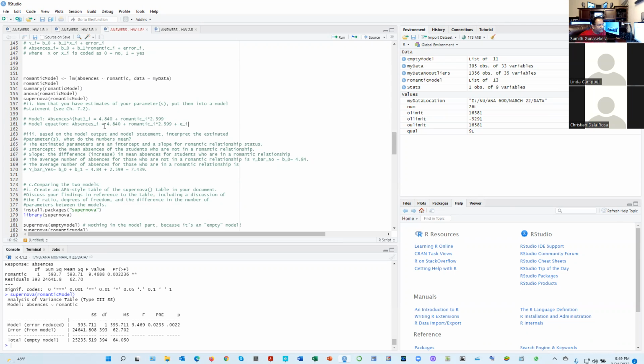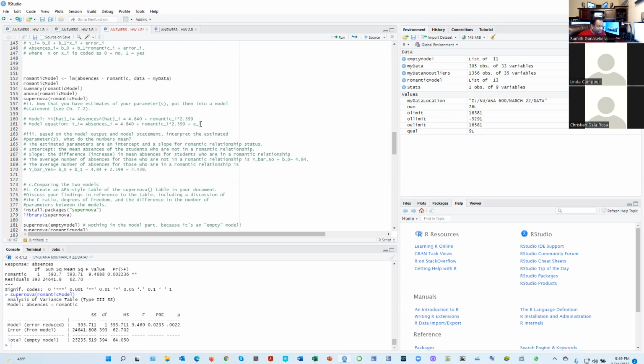See, this is y, this is y hat. Sorry, y hat sub i equals this one. This one is not y hat, this is y. y sub i equals that one.